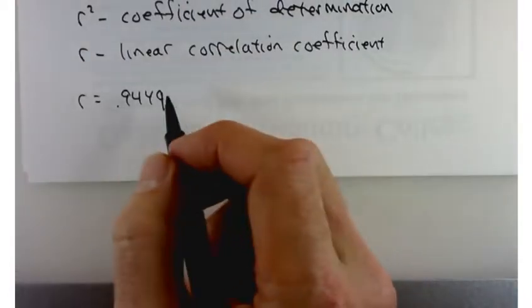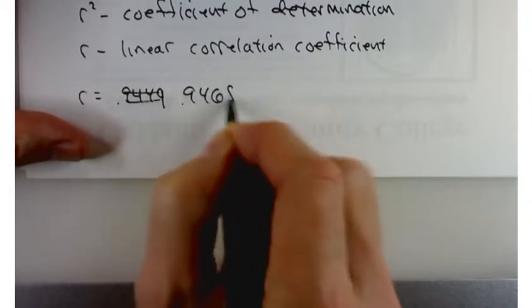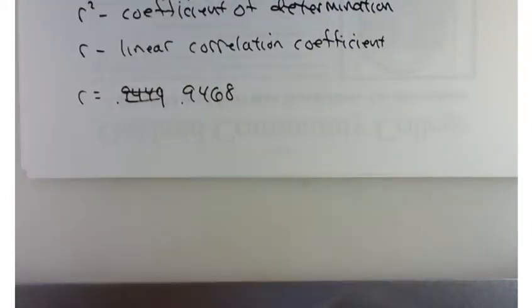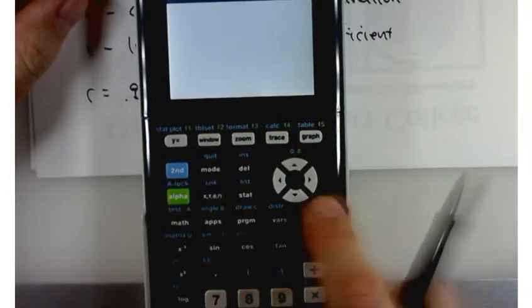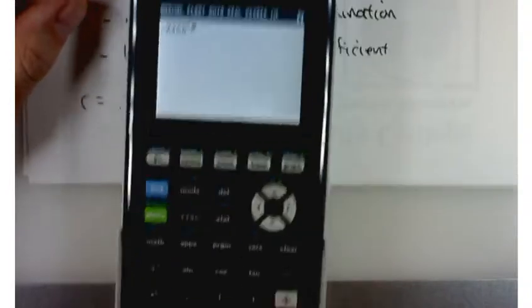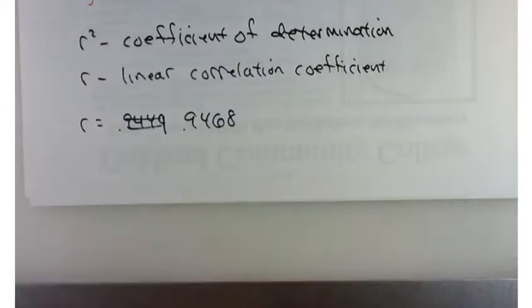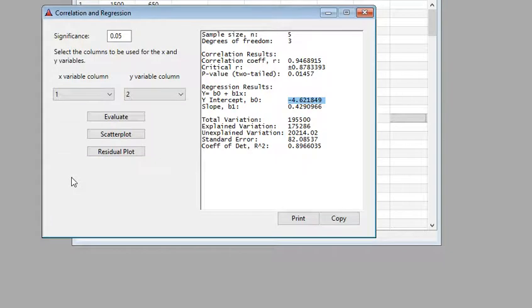If I hit the square key on my calculator, I get about 0.8964. Let's compare that to the output from StatDisk. So here's our linear correlation coefficient, 0.9468, etc. When we square that, we should get R squared.